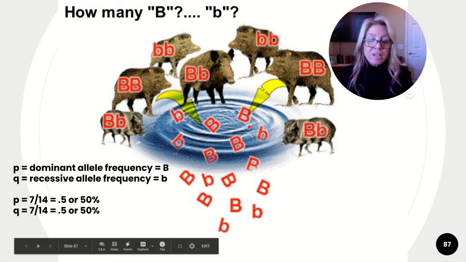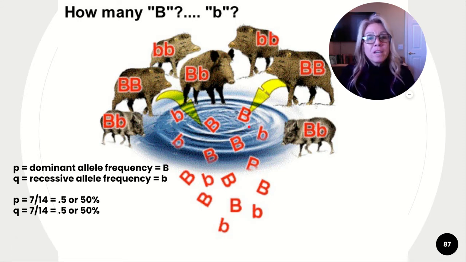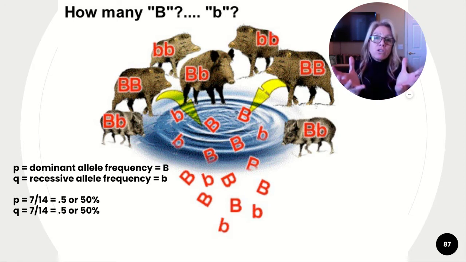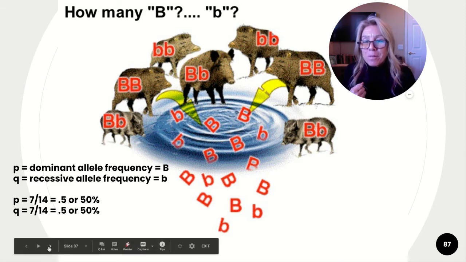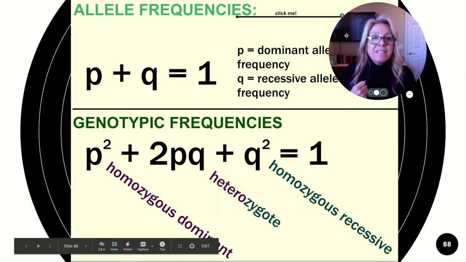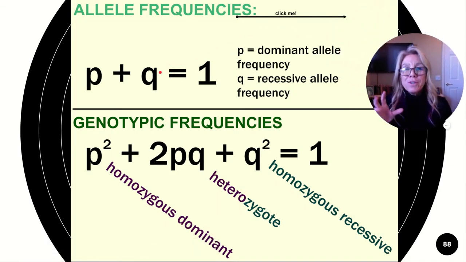It's all the alleles in the population. So if each of these boars took their two alleles and threw them into a pile, that would be your gene pool. And right now, by counting them up, we know 50% in the gene pool are big B and 50% are little b. All right, this leads to these two equations about allele frequencies and genotypic frequencies.